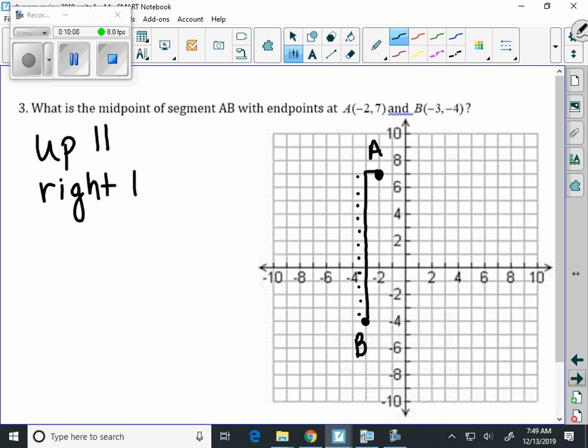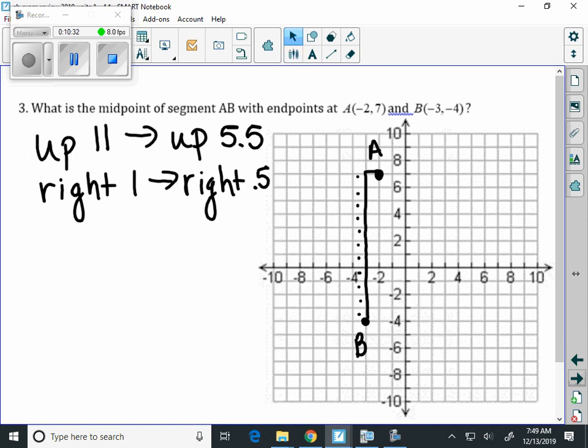So when we're finding the midpoint, we're going halfway between. So instead of going up 11, we're really going to go up half of that value. So half of 11 is 5.5. And instead of going right 1, we're going to go half of that distance. Well, half of 1 is 0.5.